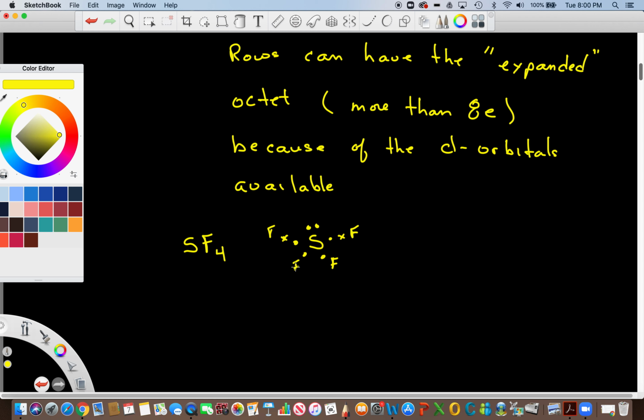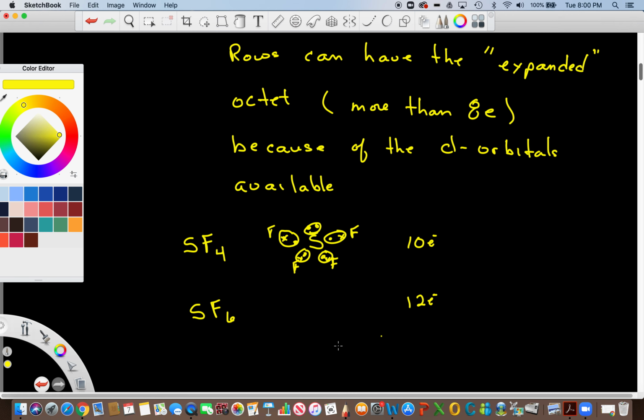So here is sulfur hexafluoride. So sulfur now has 2, 4, 6, 8, 10 electrons around it instead of 8. We can also have sulfur hexafluoride. In this case, it's going to have 12 electrons. That is the expanded octet rule.